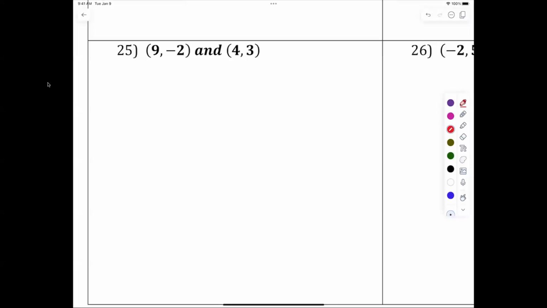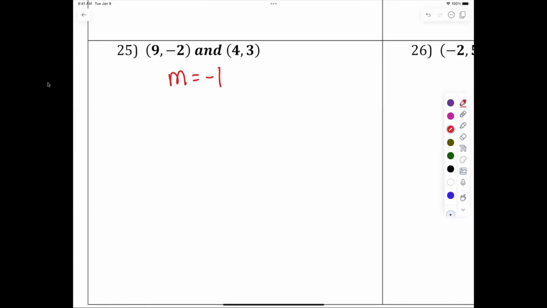What'd you get, Fran? Good for you. Somebody got -1. All righty. M equals -1. Thank you very much for that information. M equals -1. And then if M equals -1, all right, I want someone to write the equation now.